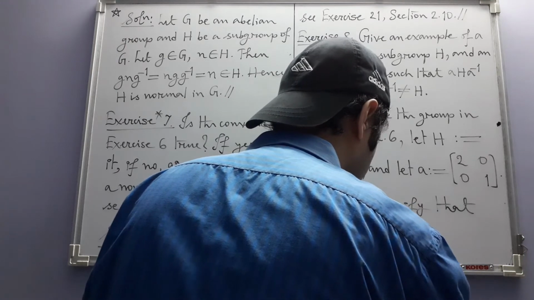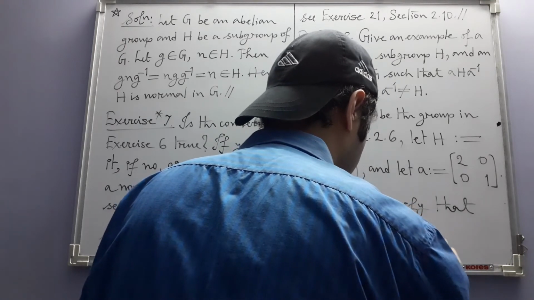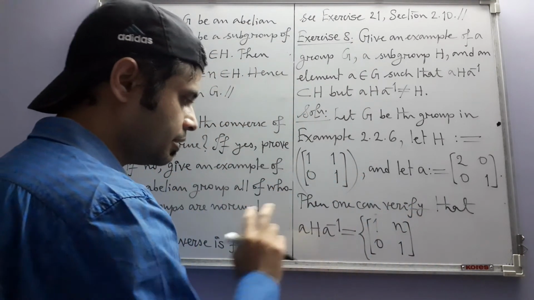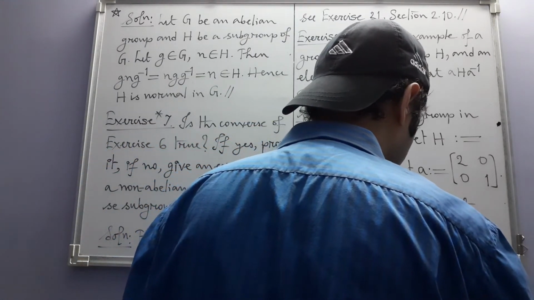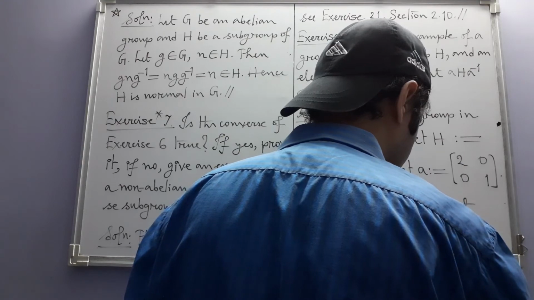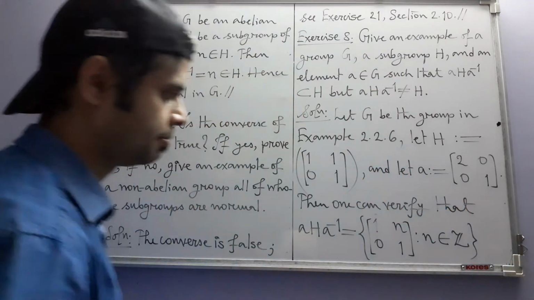1 n 0 1. The matrices in this subgroup look like this, where n is any integer.